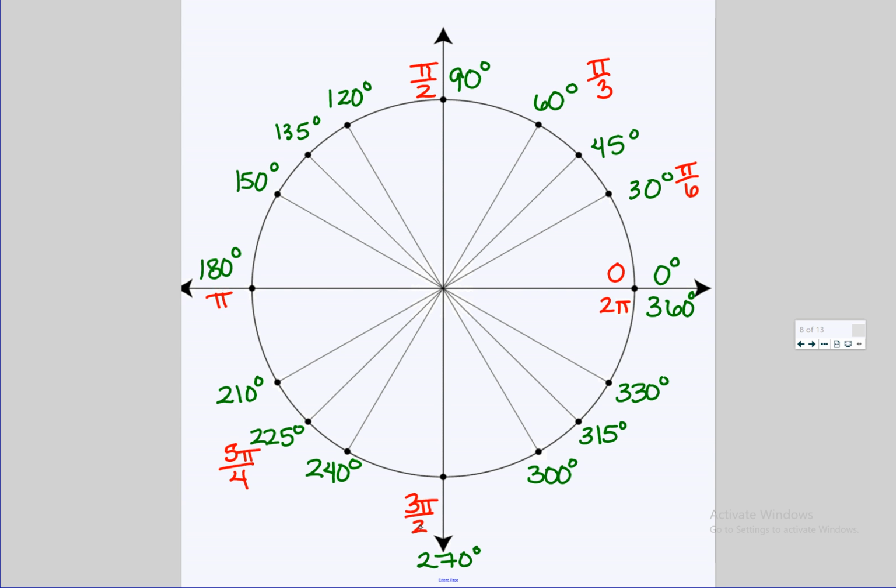Every 30-degree rotation is pi over 6 radians that we can add on. Okay, so I have 1 pi over 6 when I'm at 30. 2 pi over 6 when I'm at 60, and 2/6 reduces to 1/3. 3 pi over 6 if I'm at 90, and that's 1/2. So this guy's my next one. That's 4/6. What does 4/6 reduce to?